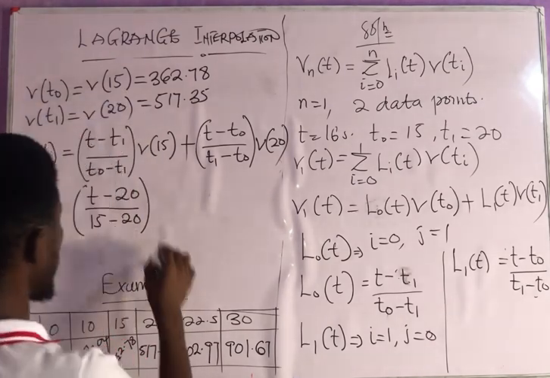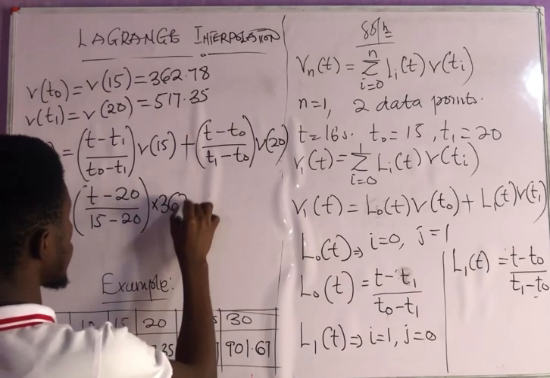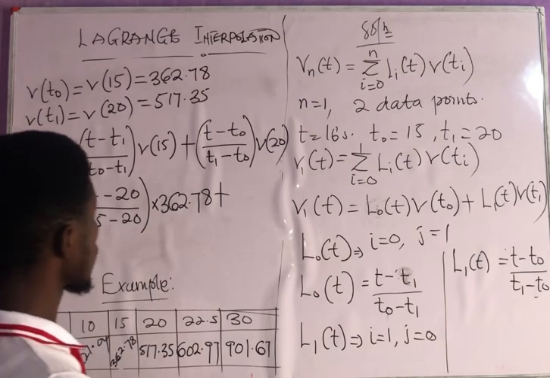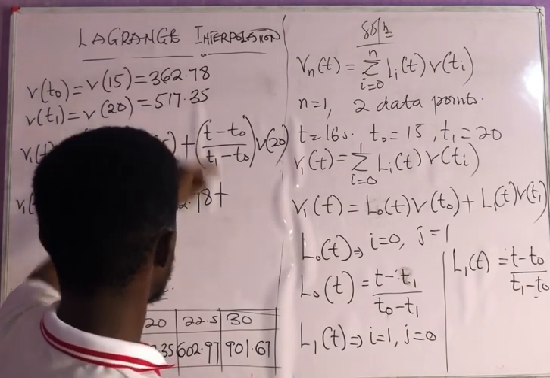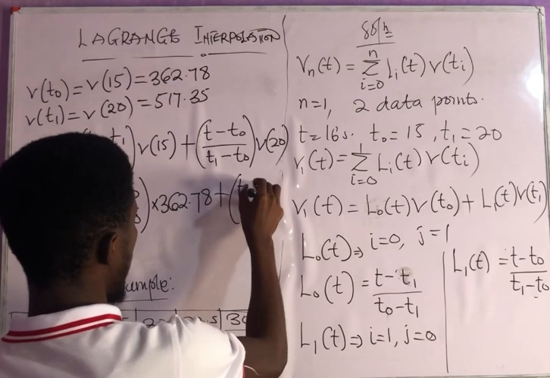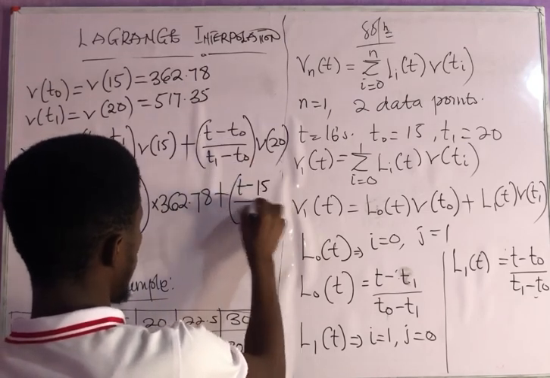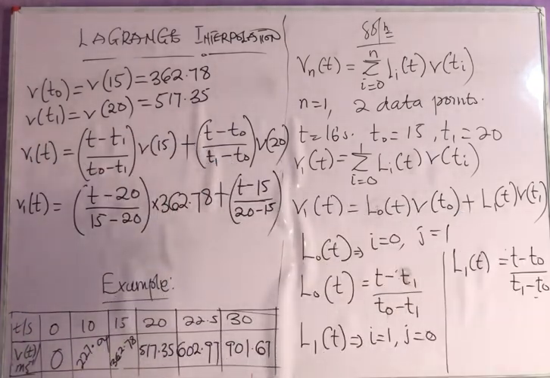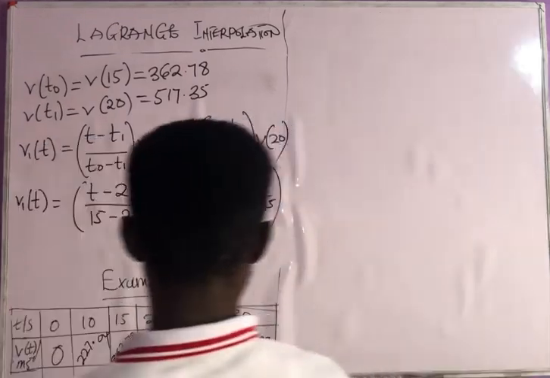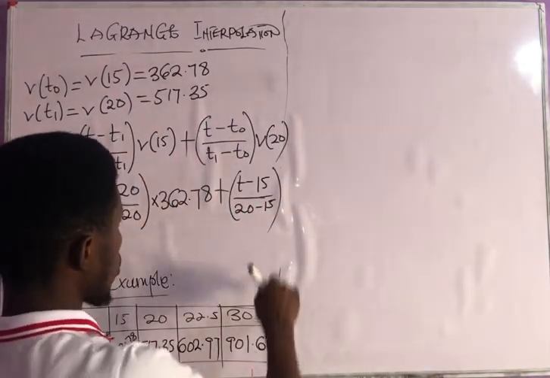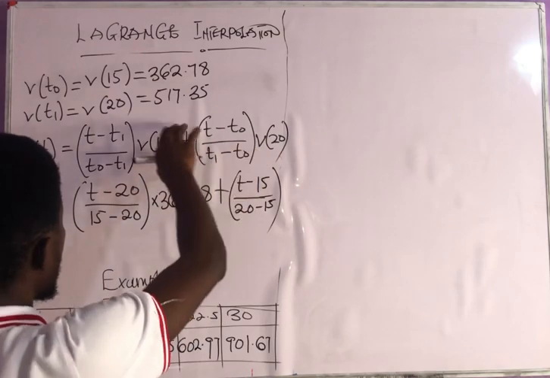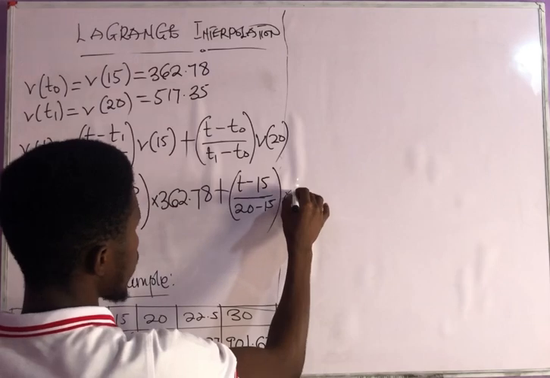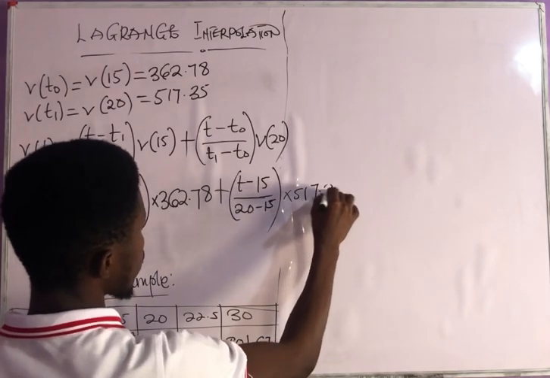V of 15 is 362.78, plus t minus 15 over 20 minus 15, and that is also multiplying V of 20. Our V of 20 is 517.35.